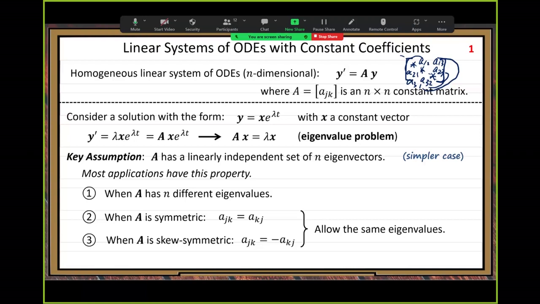For case 2 and case 3, we allow the same root repeated multiple times, so multiple roots. But case 1, only single roots. Case 1, we do not allow multiple roots. 2 and 3, we allow multiple roots.